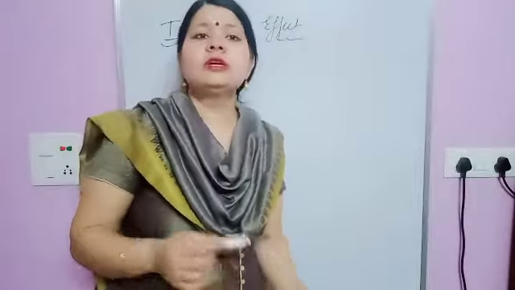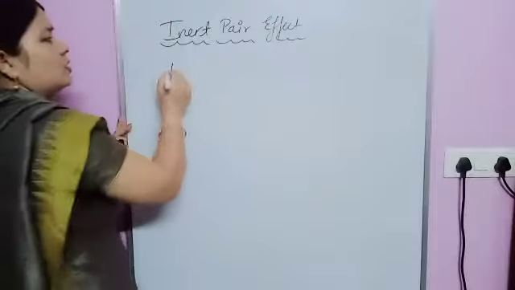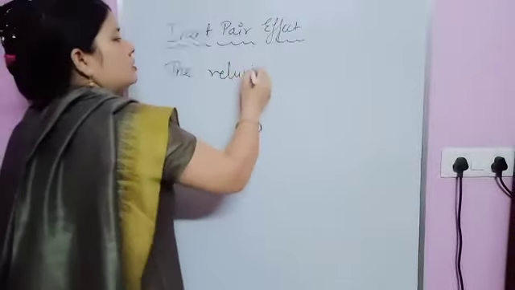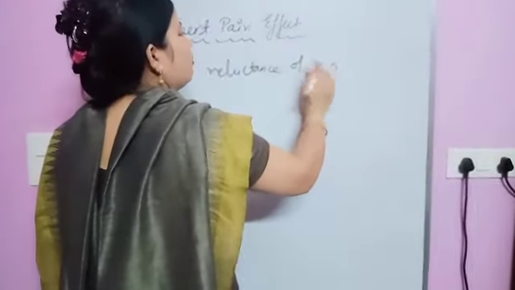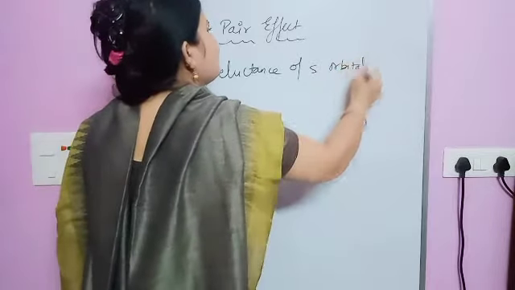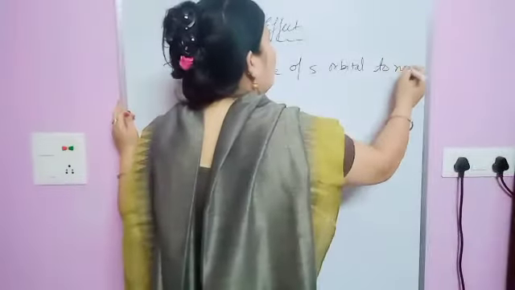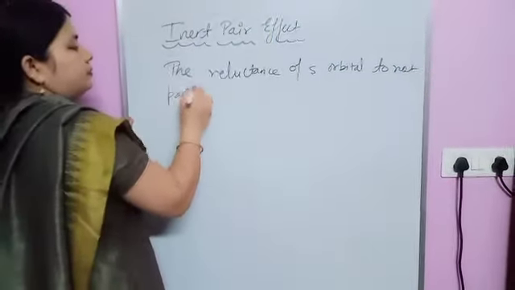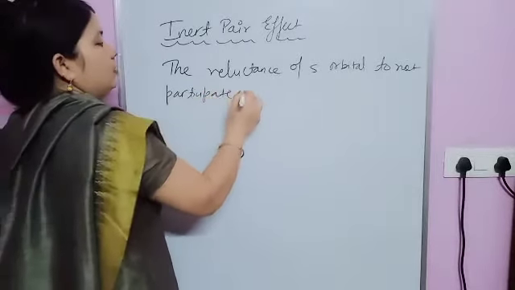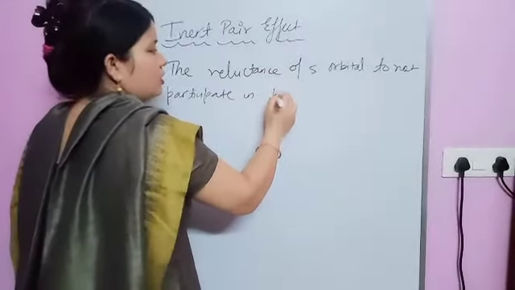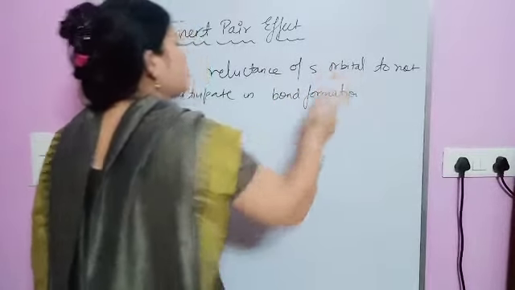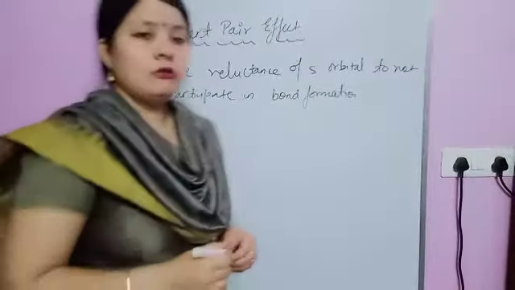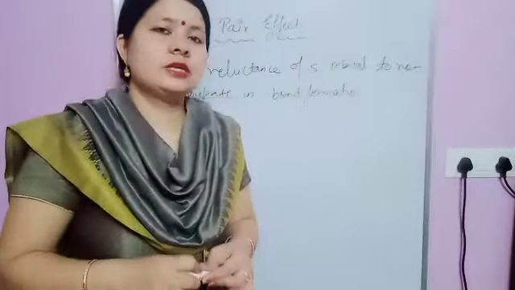It is the reluctance of the s orbital, or s subshell, to participate in chemical reactions or bond formation. That effect is known as the inert pair effect.